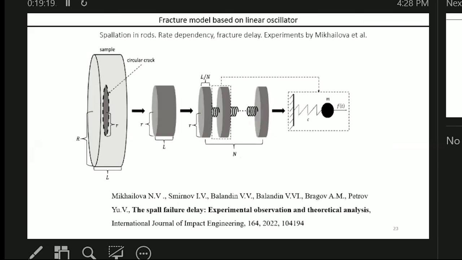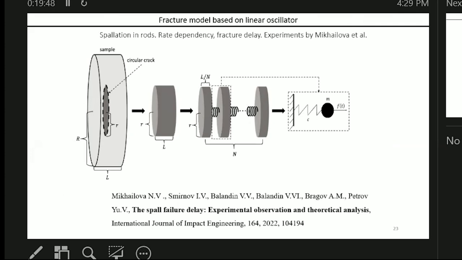So finally, we also applied this technique to the spallation problem. It's the problem with the so-called undamaged specimens. It's a rod which is hit by some projectile, which results in a fracture on the other side, because the stress wave changes sign at the free boundary, and compression turns into tension.